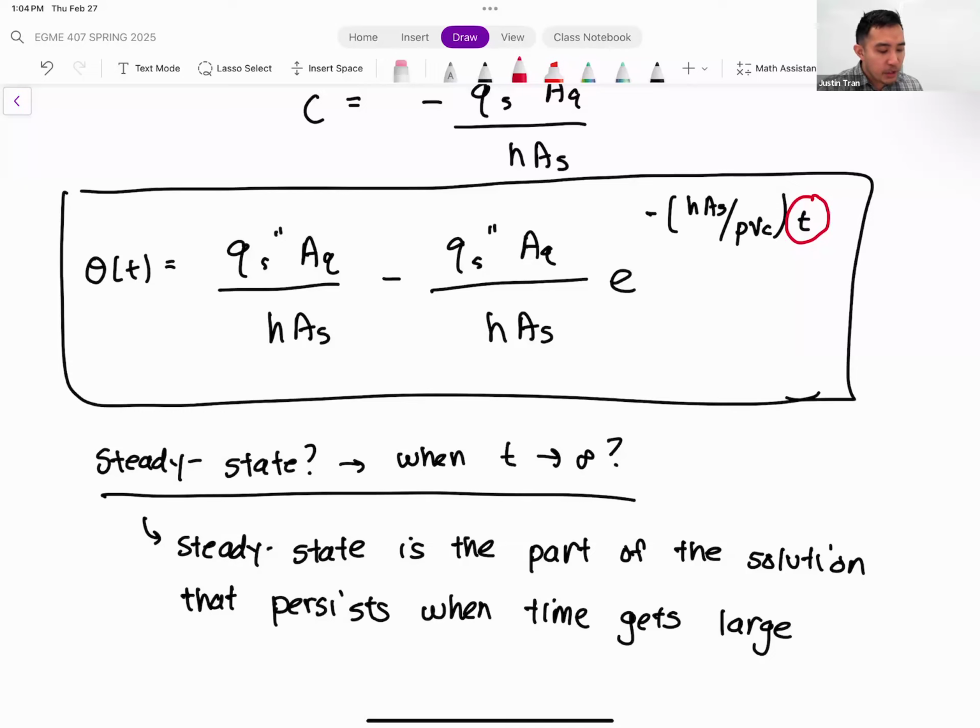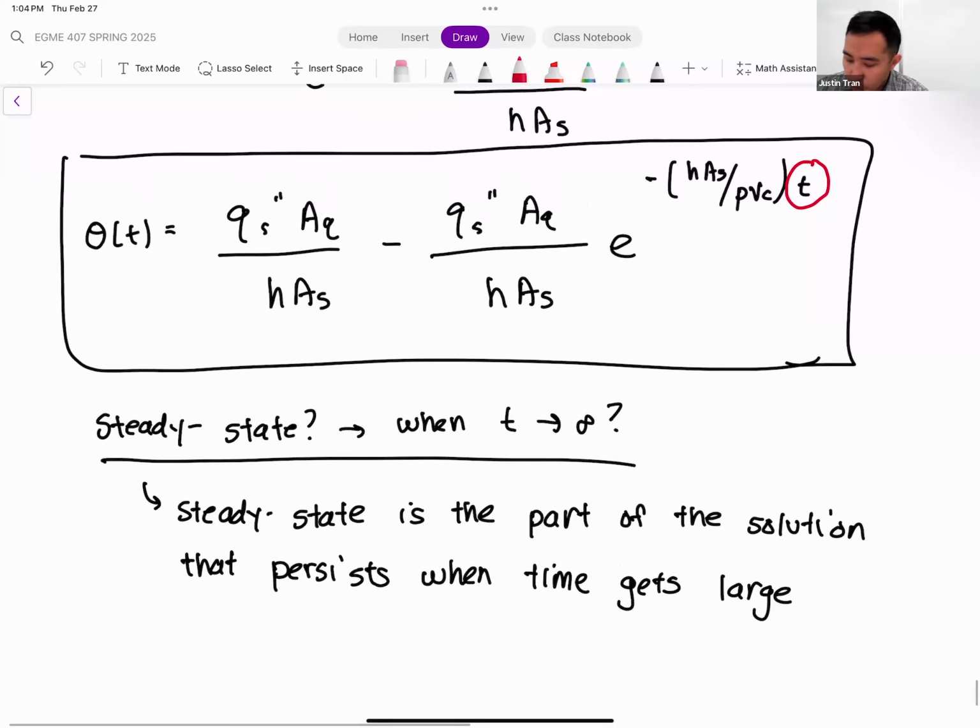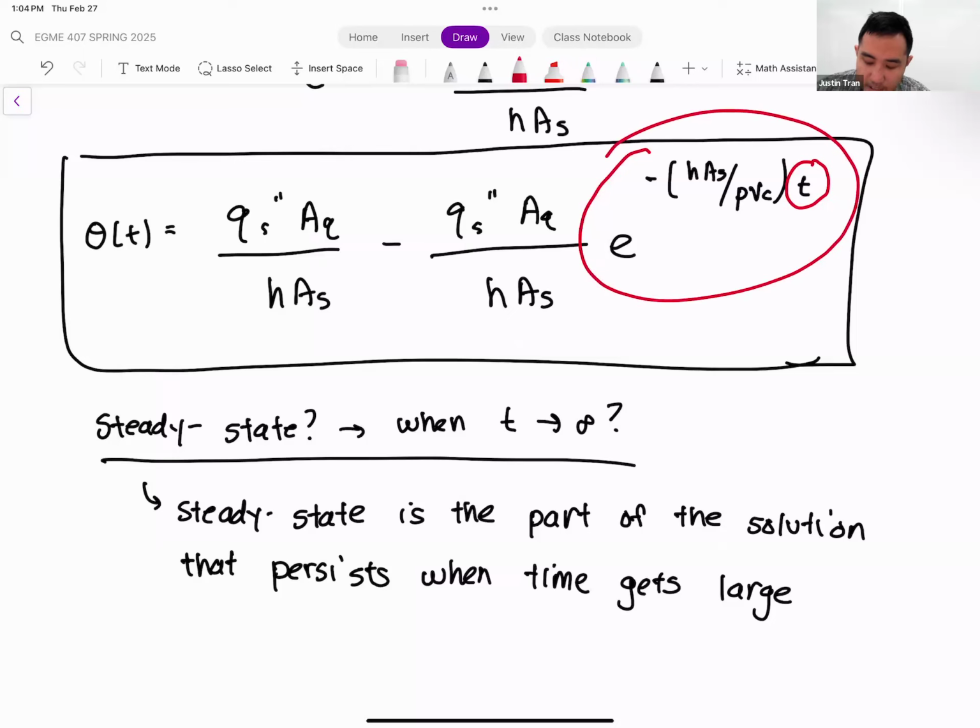When the problem asks you, is this problem steady state, or is there any steady state part, you need to look at every portion of your solution that contains time, and see what happens when time gets large. In this case, time only occurs in this exponential function.